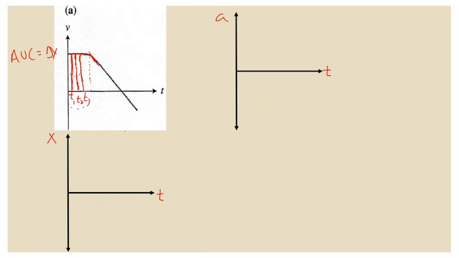Now you can make some assumptions here. I always make the assumptions to make my life easy. Do we know that the object started off at the origin of the coordinate system? No, we have no idea. But why not just assume that it did? Because it doesn't tell us anything otherwise. You could start the graph from up here if you want, or from down here if you want.